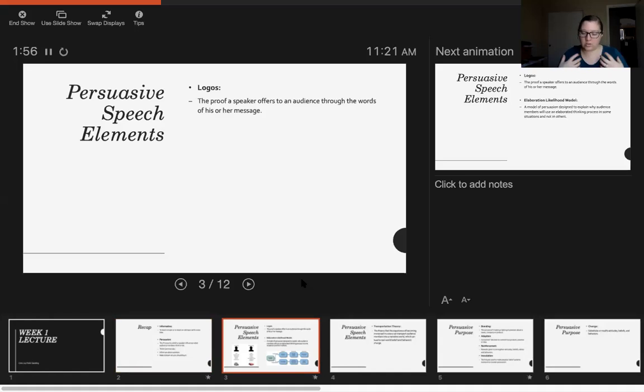So what evidence, what support are you giving to your claims? That's very important to some philosophers, that logos is kind of influential in persuasive speaking, in that some people will, that logic will get their brain going. Hold on, let me pause for a second.